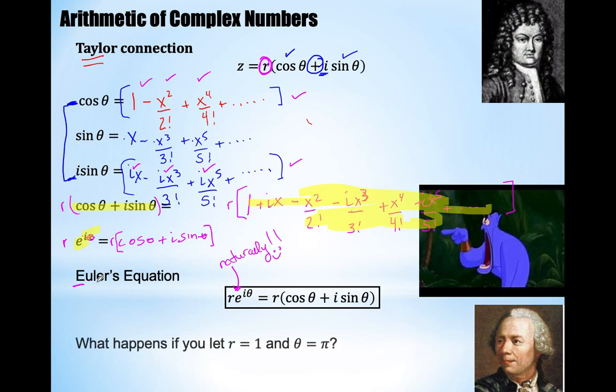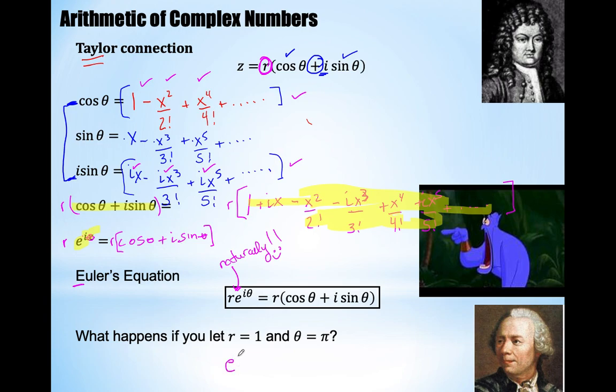Hey, what if you let r in Euler's equation be 1 and theta equal pi? So 1 times e to the i pi is 1 cosine pi plus i sine pi, but remember sine pi is 0, so this part is going to go away. So e to the i pi is equal to what?